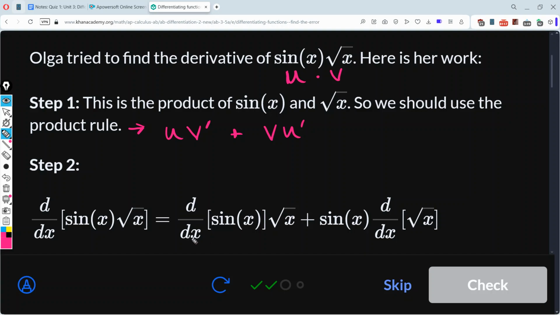Basically, she took the derivative of the first term and multiplied by the second term. So that is this one right here. That's good. And then she took the first term and multiplied it by the derivative of the second term. That's this one right here. So that part is good. All right, so step 2 is okay. Let's keep going.